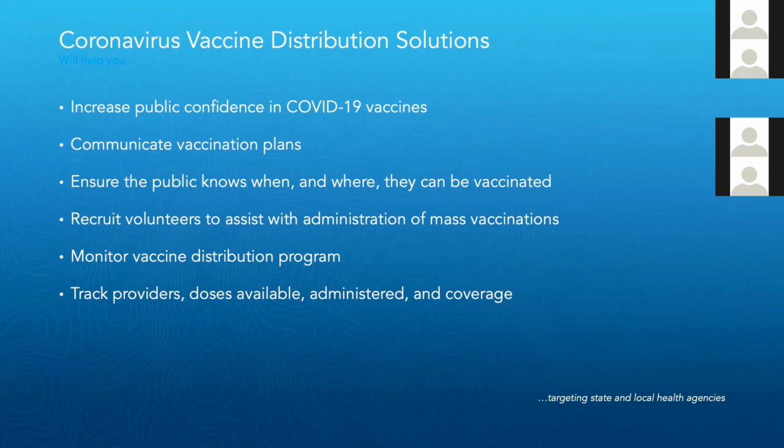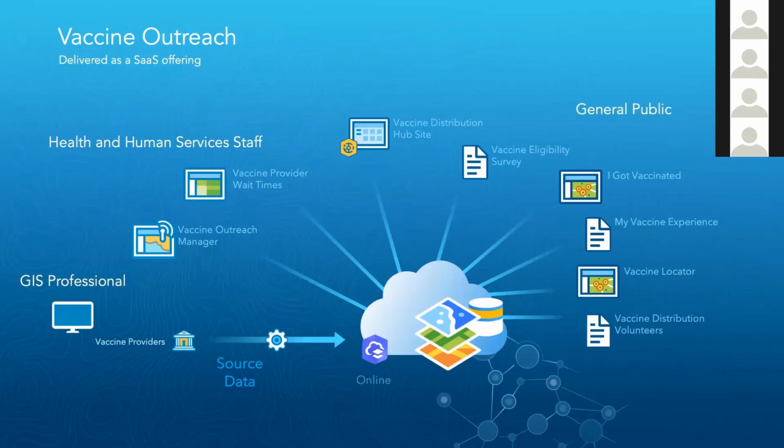Another thing that we saw was the real need to build confidence in the execution of those plans and being able to monitor, much like communities have been doing with cases and testing already during the pandemic, but monitoring the actual distribution programs you're executing, track providers you've enrolled, doses that are available through the CDC and the state, and ultimately how many you're administering and the coverage, both demographically and also along racial and other equity lenses. So today we're going to show you two solutions.